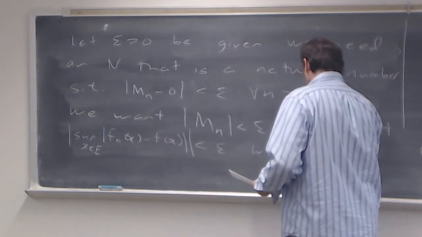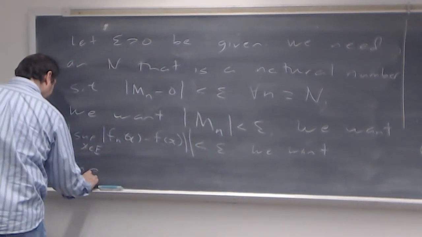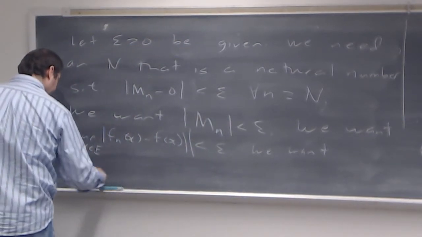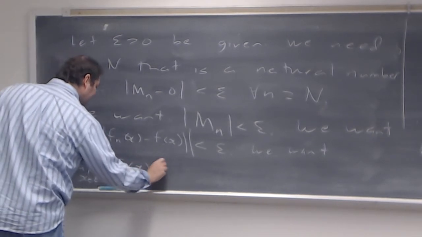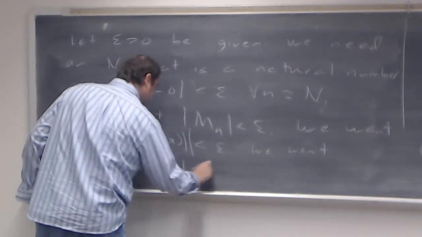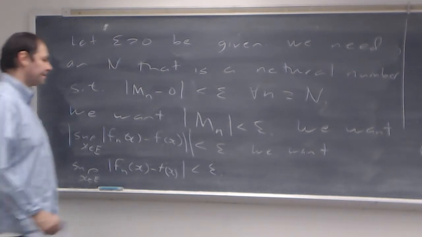We want the sup, as x goes all over E, of the absolute value of f sub n of x minus f of x to be less than epsilon. Okay? Well, how are we going to get that? We're going to get that through the uniform convergence.